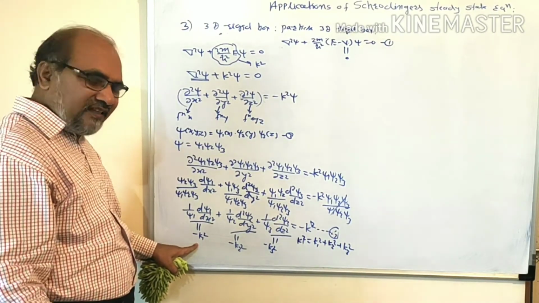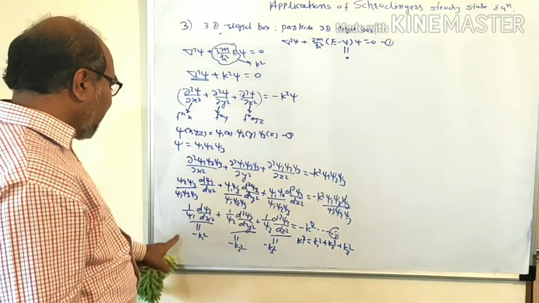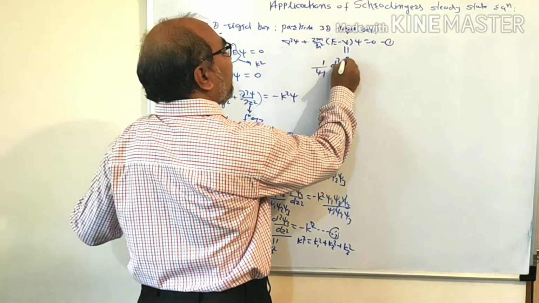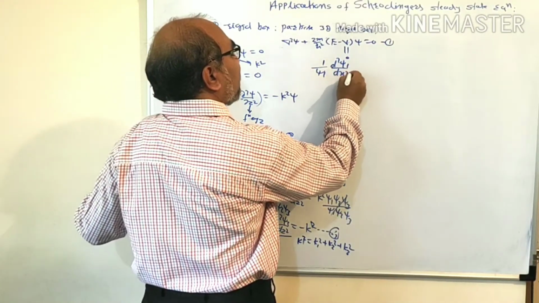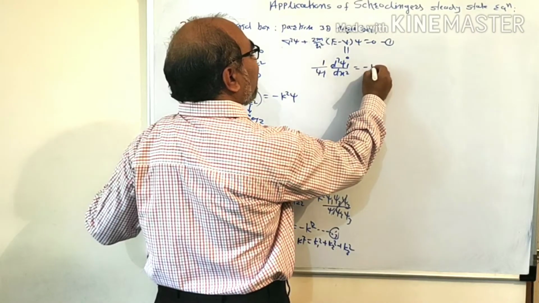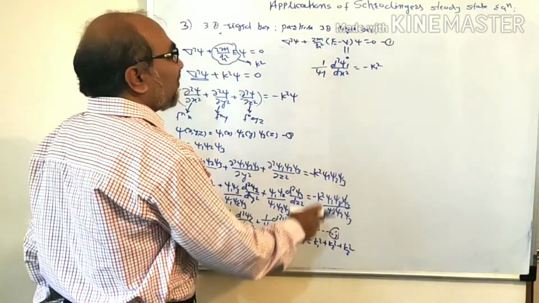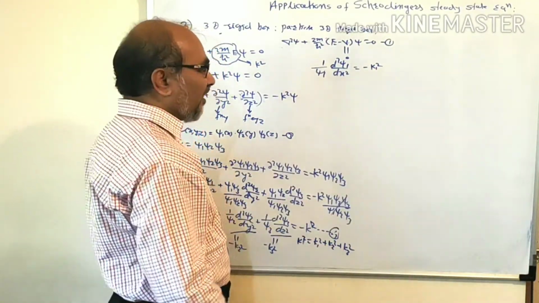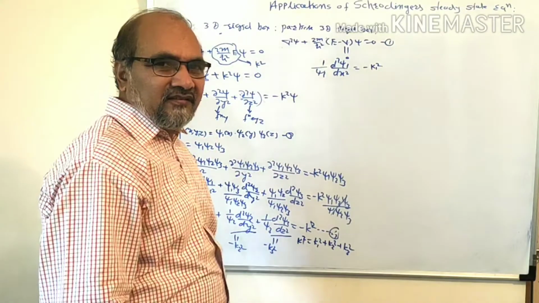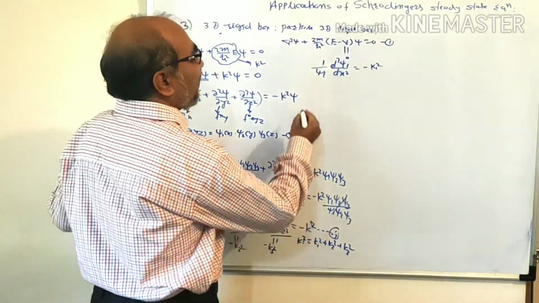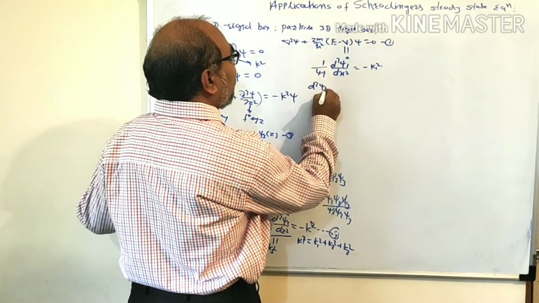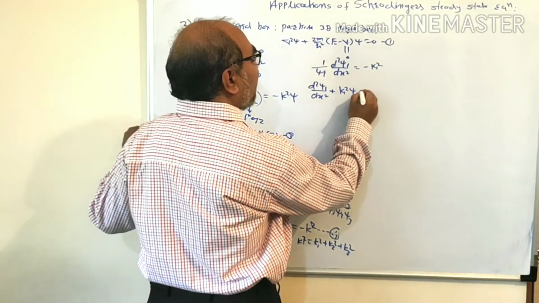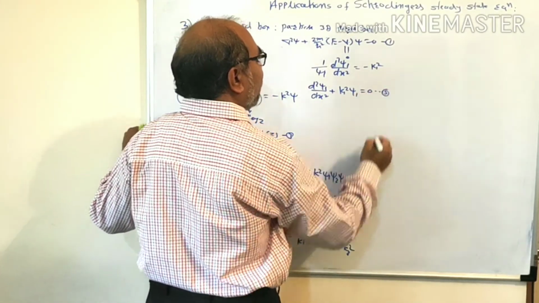We solve this and then go for the other terms. Transferring psi 1 to the other side, we get ∂²psi 1/∂x² plus k1² psi 1 equal to 0, say equation 5.